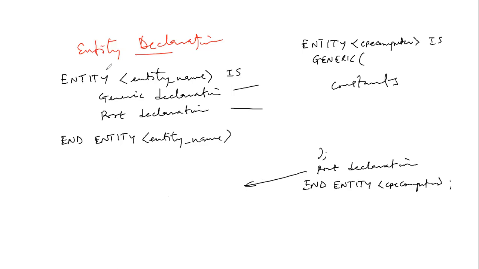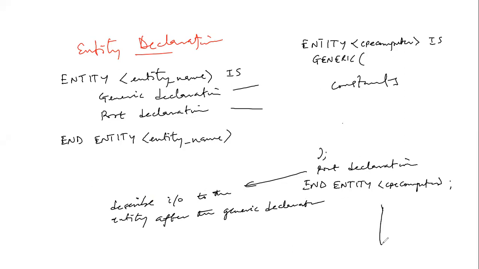So for the port declaration, just as the name implies, port, we use this to describe the input and the output to the entity after the generic declaration, okay?